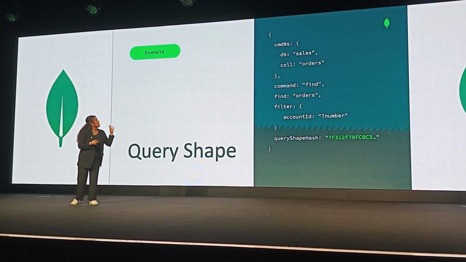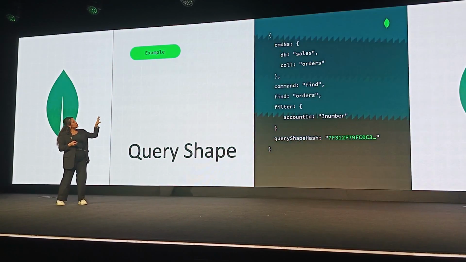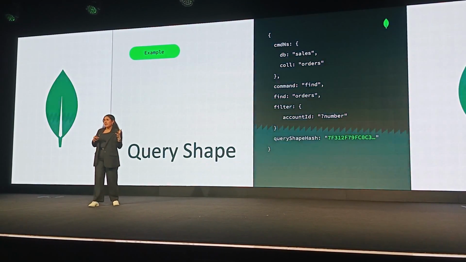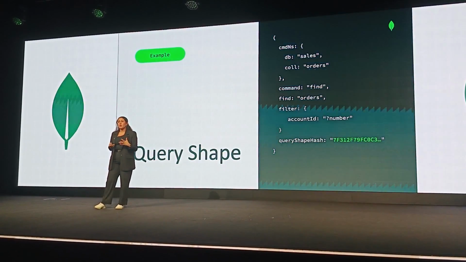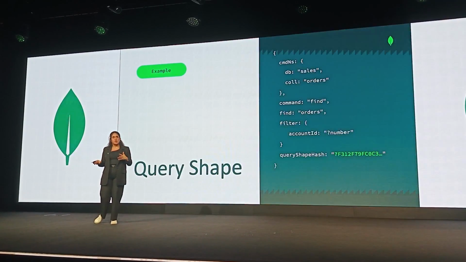So here, as you can see, we are doing a find on the sales.order collection, and we're trying to find the orders by the account ID. So let's imagine this query is taking too long, or is causing problems in terms of performance. It's hogging resources.